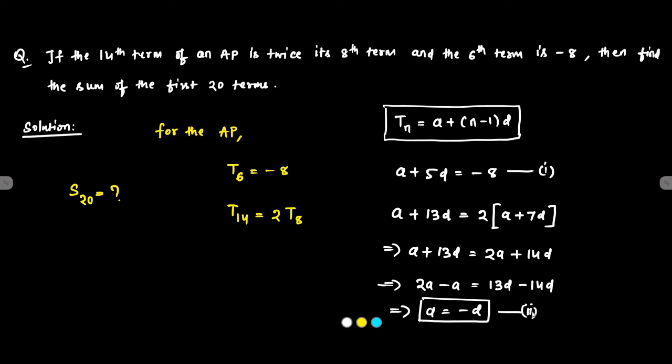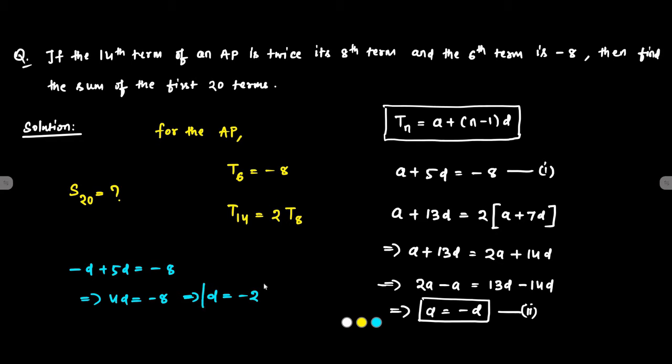So if we put the second relationship in the first one, that is A is equal to minus D, we will have minus D plus 5D is equal to minus 8. That implies we have 4D is equal to minus 8. That implies D is equal to minus 2.